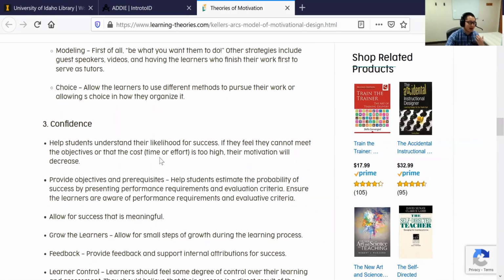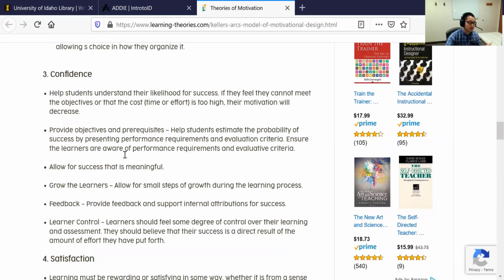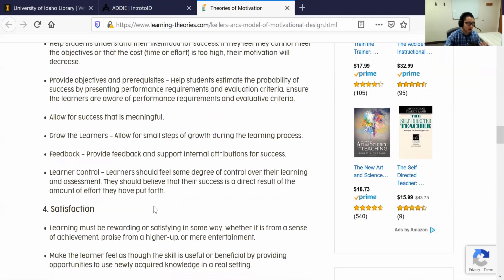Then to ensure that they can understand the likelihood for success, provide them some feedback, give them control of how they want to learn. So one example in the online classes is that we ask students to introduce themselves, so we can give them many different options. They can choose to write a paragraph about themselves, they can record a video of themselves talking, or they can create a PowerPoint presentation.